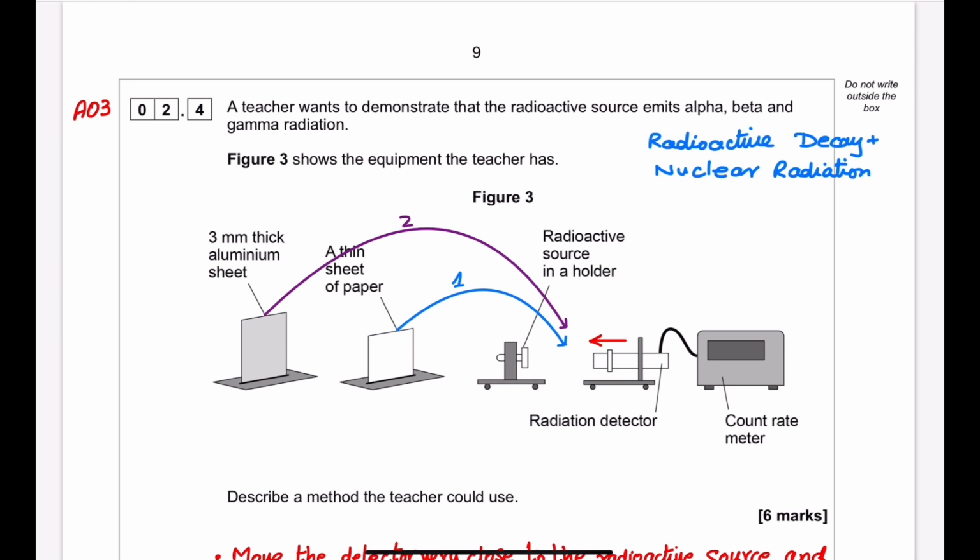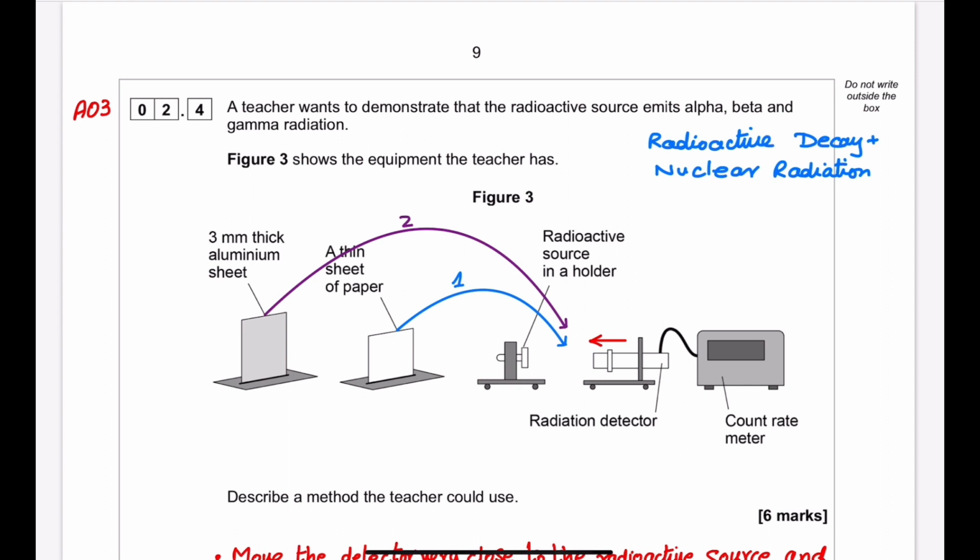If we look at our count rate meter and radiation detector, first of all, the teacher will bring the detector closer to the source and get the reading before putting any obstacle between the detector and the source.